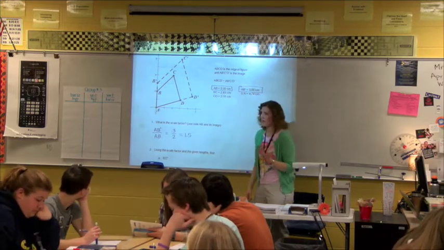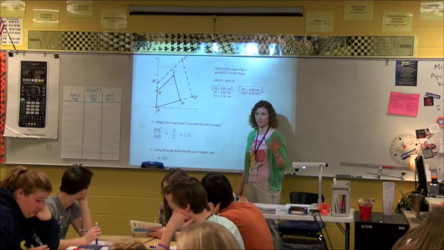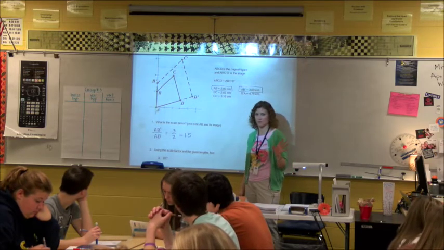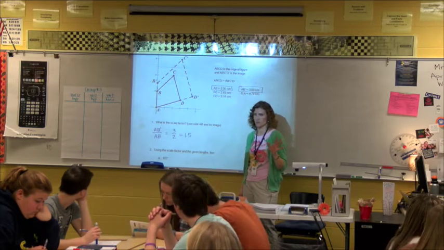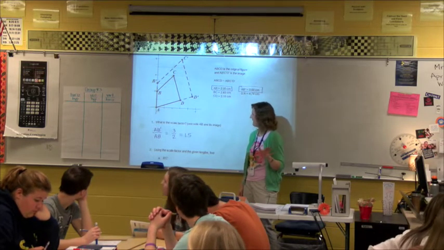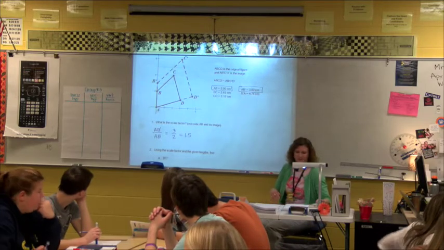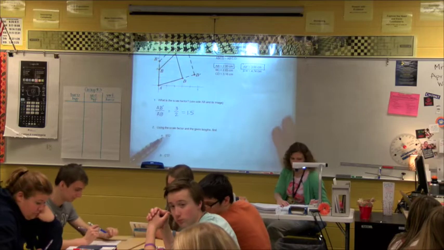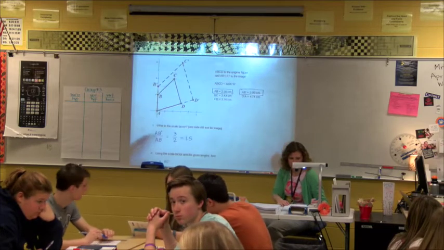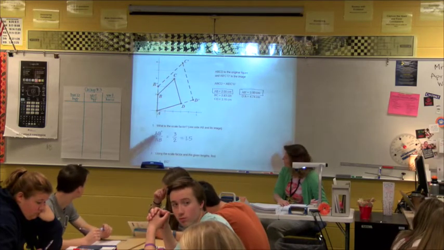Okay, so can we take this as the scale factor? Could we just use 2 sides if they're similar figures? Does that sound okay? You guys are scared to talk. All right, so let's use that scale factor to find the length of B prime C prime. Notice that we had a ratio already.